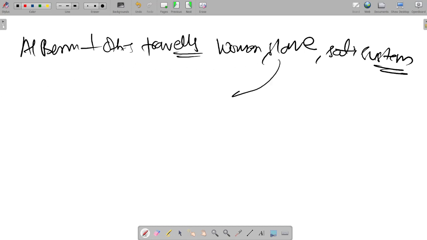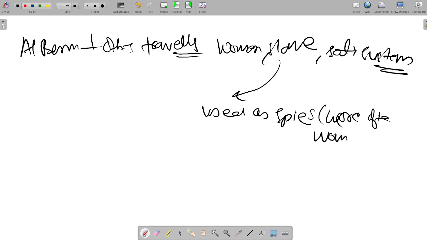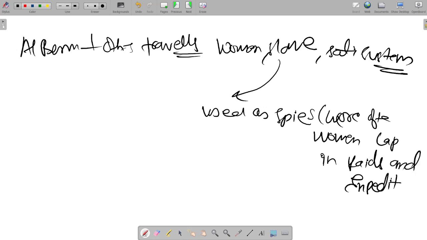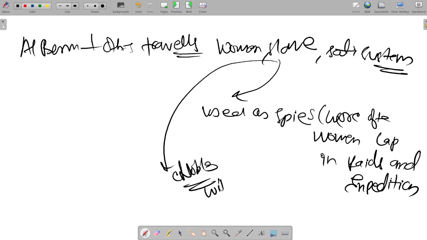The slaves here were used as spies and were often women that were captured in raids and expeditions. It was the habit of each and every king to keep an eye on his nobles with these spies.